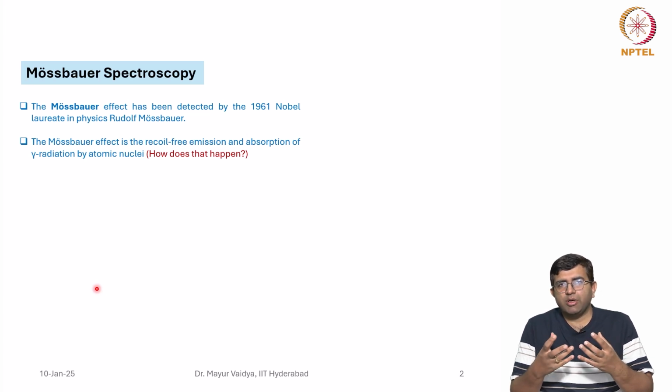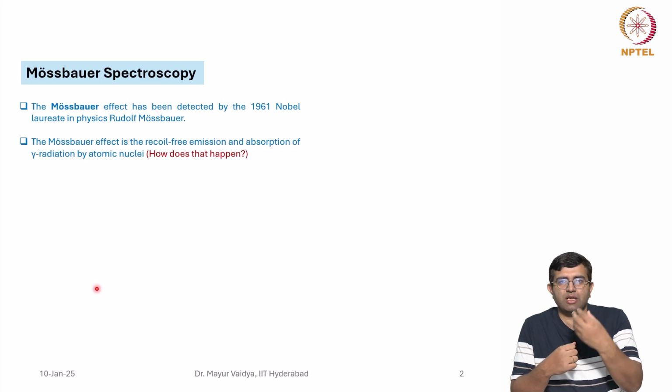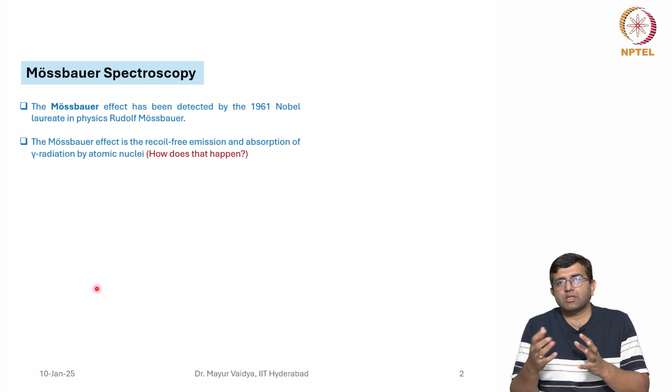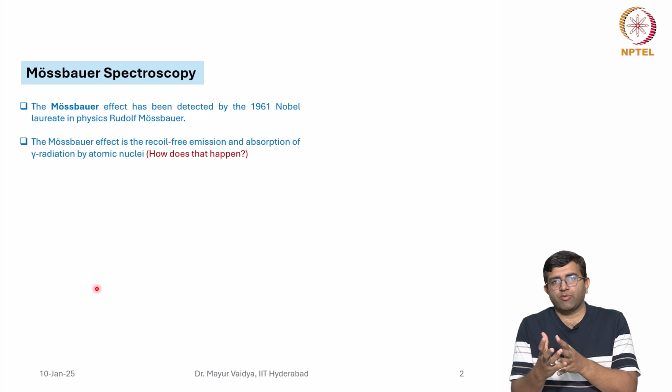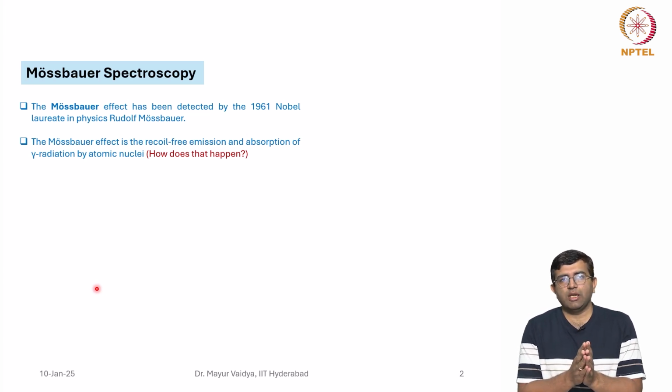But in brief, whenever an atomic nucleus is emitting gamma rays, there will be a recoil that it will experience. But when the emission or the absorption happens without this recoil, that is known as the Mössbauer effect. Recoil is more common. For example, you can observe it in your daily lives as well.